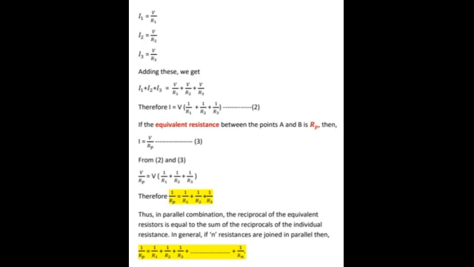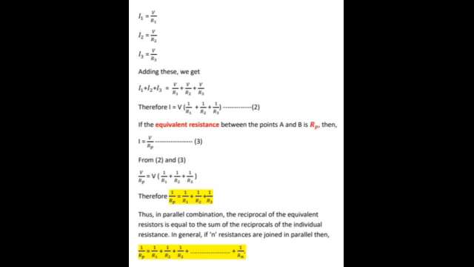When we add all three equations, on the LHS we get I1 plus I2 plus I3, which will be equal to V upon R1 plus V upon R2 plus V upon R3. But what is I1 plus I2 plus I3? That is I. So I is equal to V into bracket. Now take V common, so you get 1 upon R1 plus 1 upon R2 plus 1 upon R3.